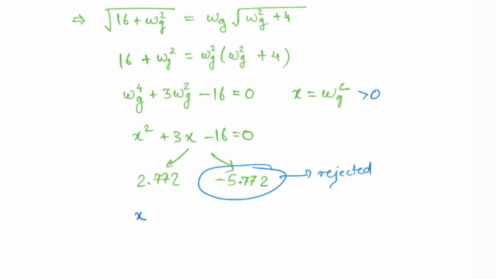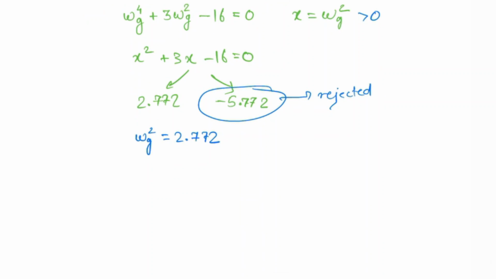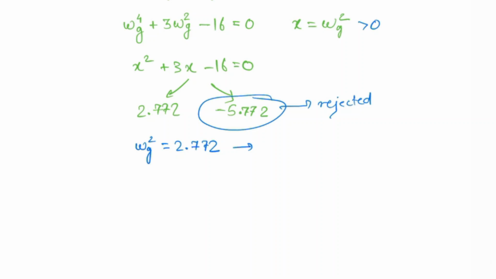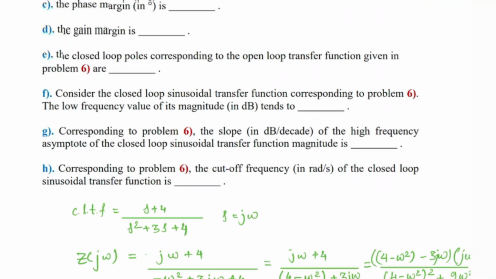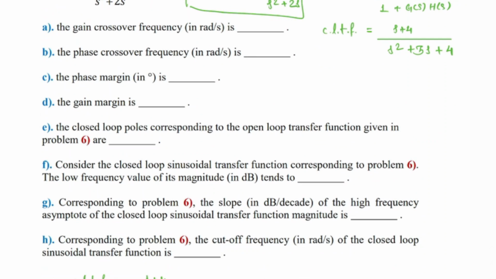So omega g square is this, and if we take the square root, omega g is approximately 1.665 radian per second. So we have found the gain crossover frequency.